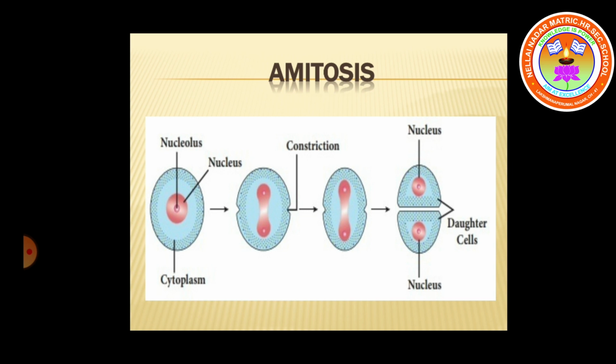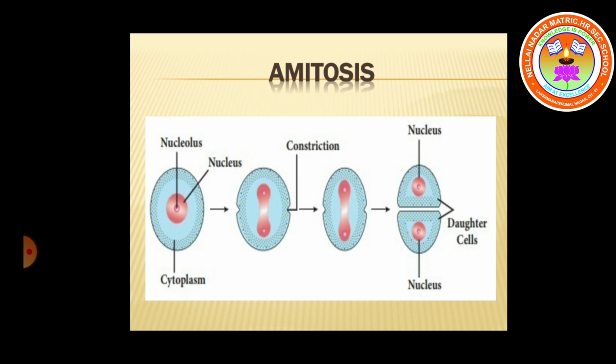So this is amitosis. I am repeating. In the first picture you can see the nucleus gets elongated, and in the second picture a constriction on the wall of the cell occurs which enables the cell to divide.